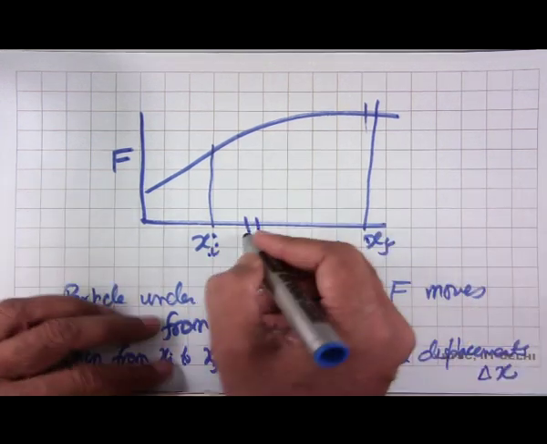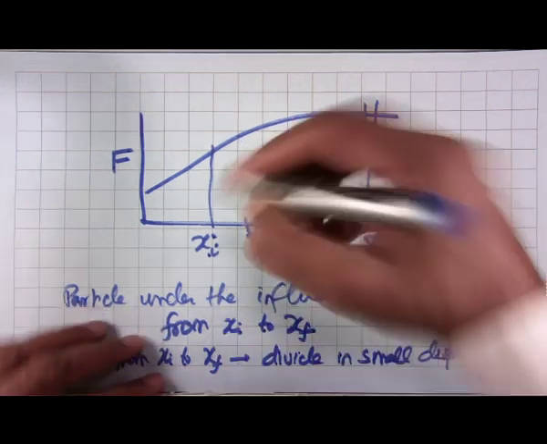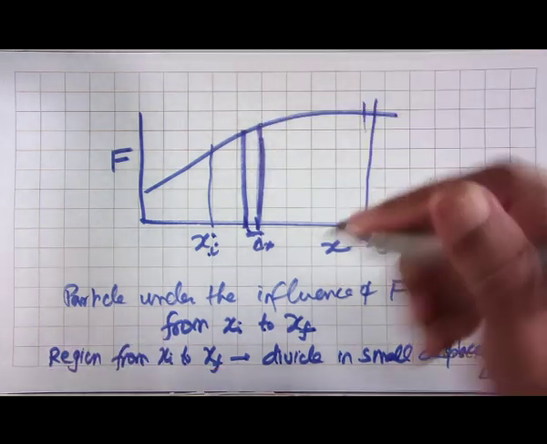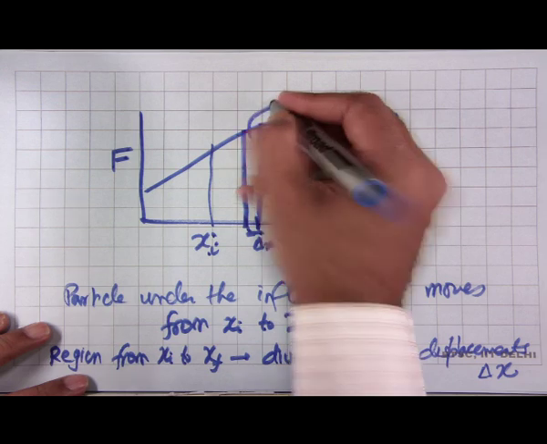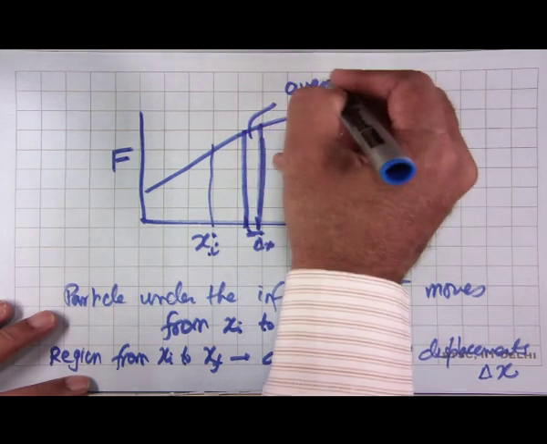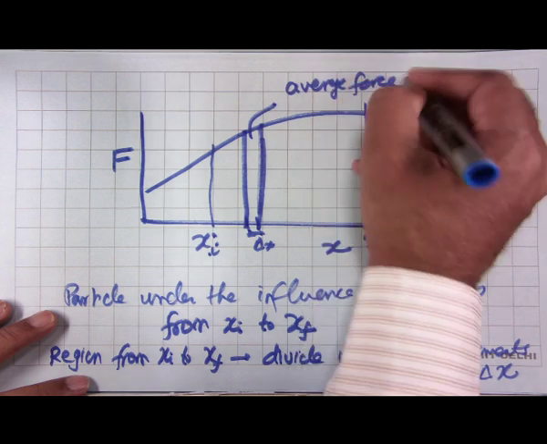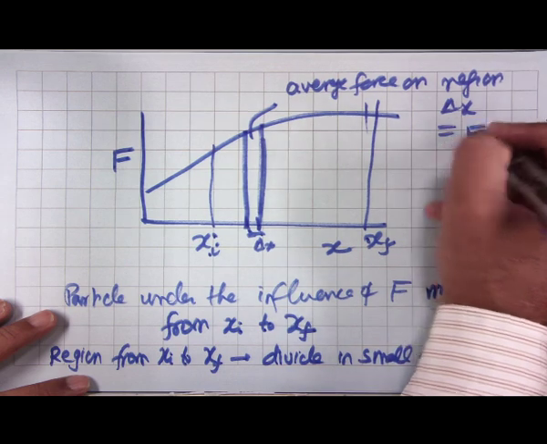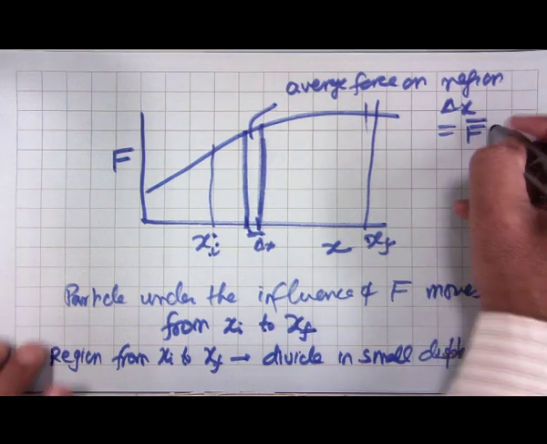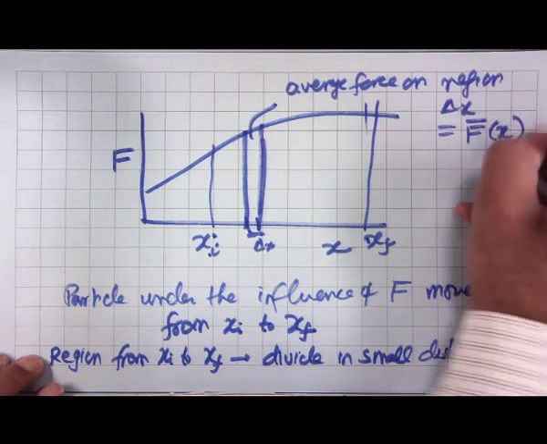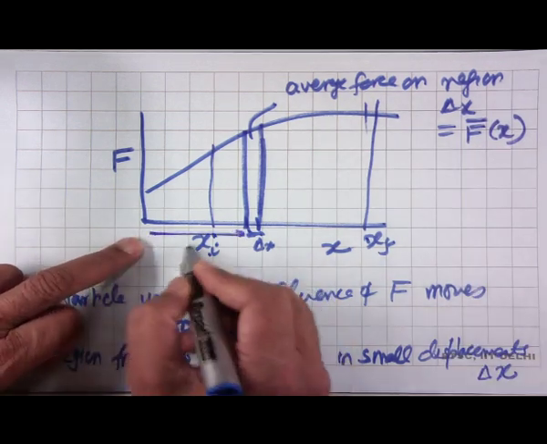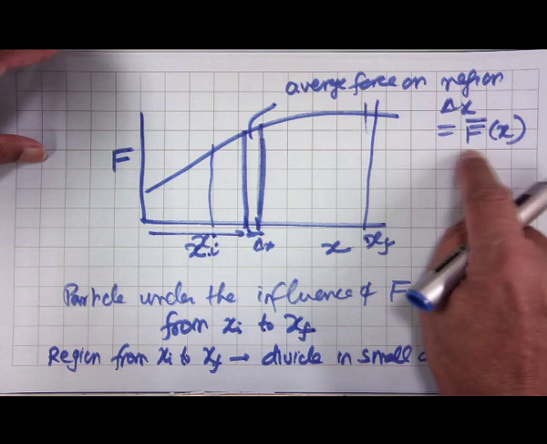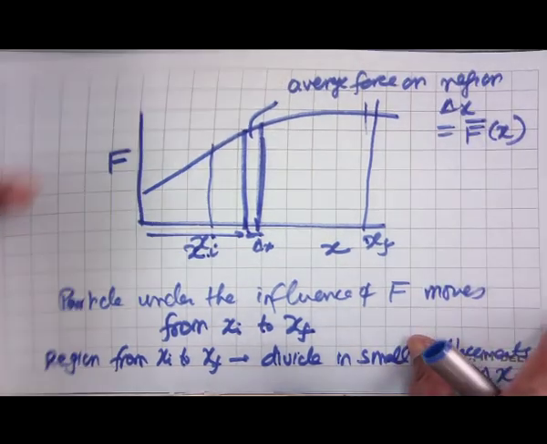So, I choose a small displacement delta x, and over this region let the average force on the region delta x be equal to f bar of x. So, we are at some distance x away, and there the displacement, we look at a small displacement delta x, let the average force be f bar of x.